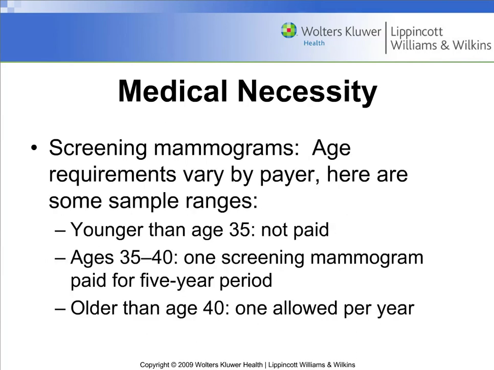For the medical necessity of screening mammograms, age requirements do vary by payer. Here are some samples. Younger than age 35, it typically is not paid. Ages 35 to 40, one screening mammogram is paid for every 5-year period. And if you're older than age 40, one is allowed per year.